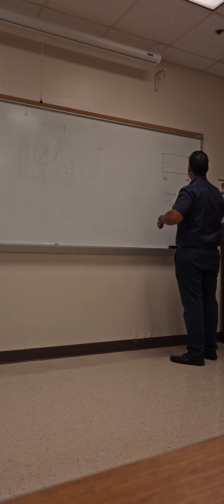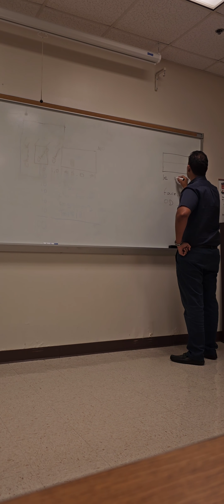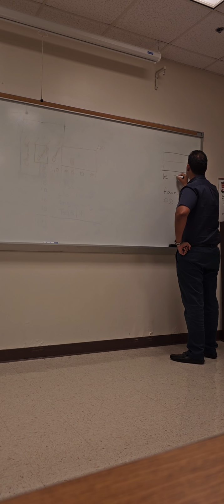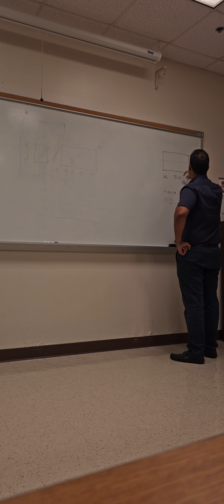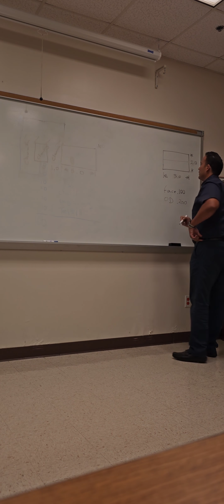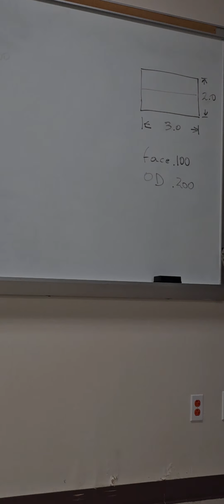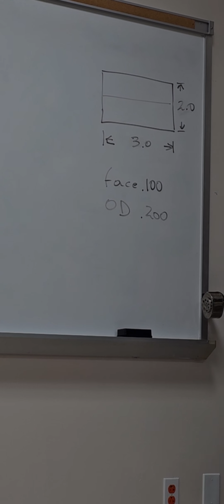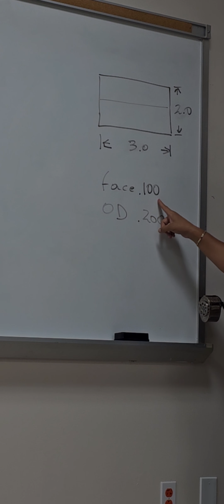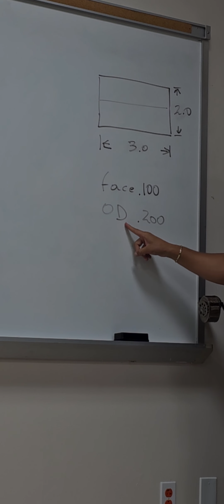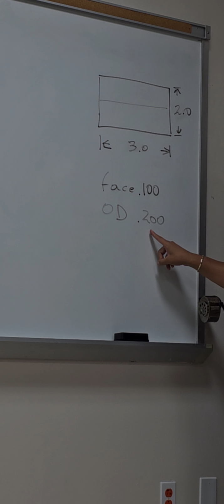So, let's go up. Let's go 3.0. Let's go 2.0. All right, so let's see if we can make that one. So 3 inches, still you gotta face 200,000, and on the turning the OD is 200,000 oversized.